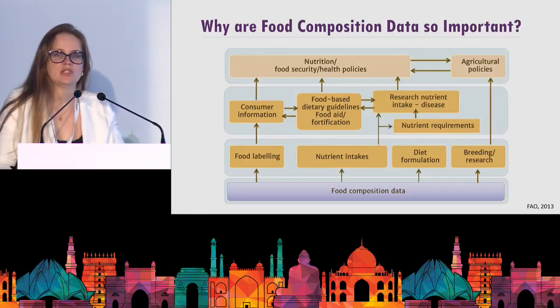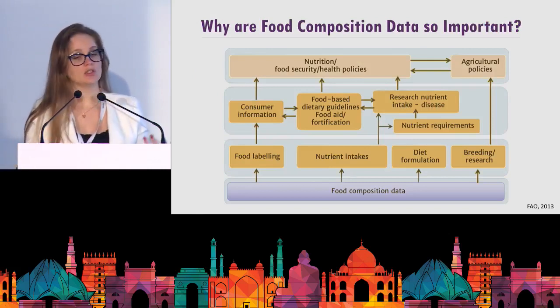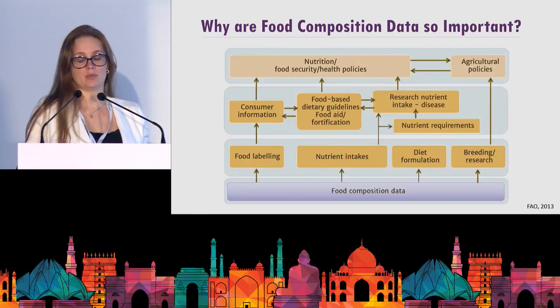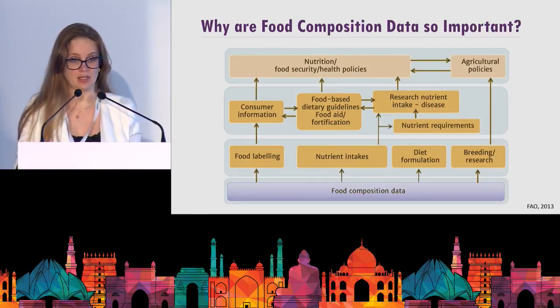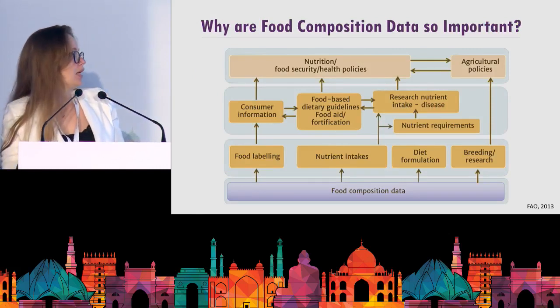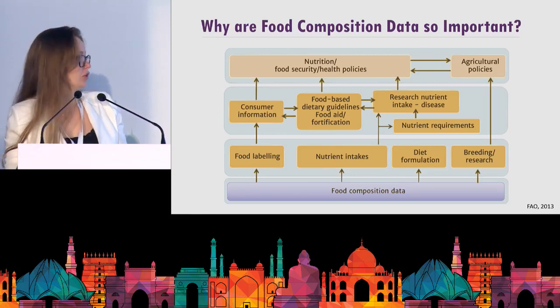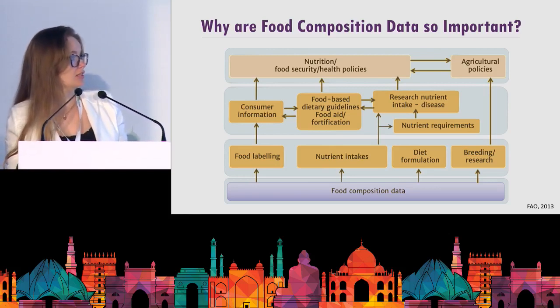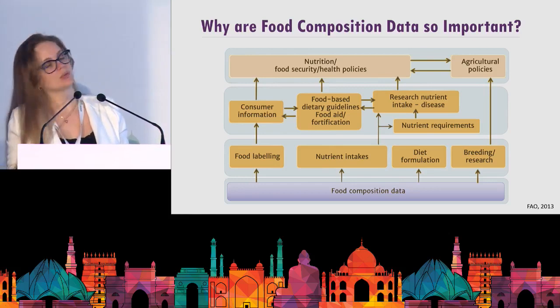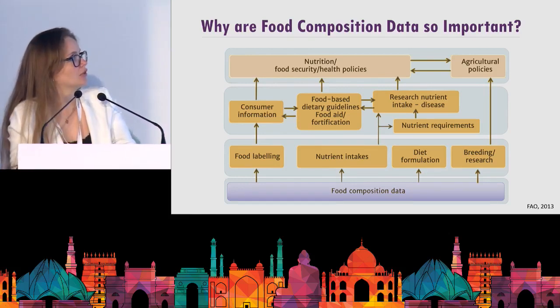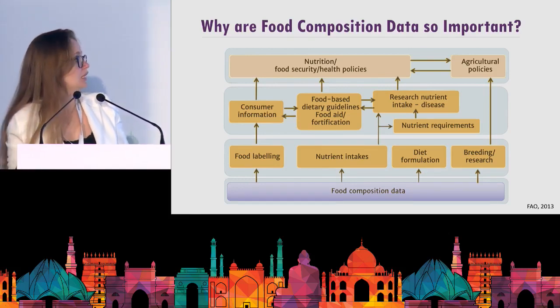So why is food composition data so important? Food composition is the basis for many activities in nutrition. Here we can see that food composition data can be used, for example, for breeding research, which will lead to agricultural programs and policies.